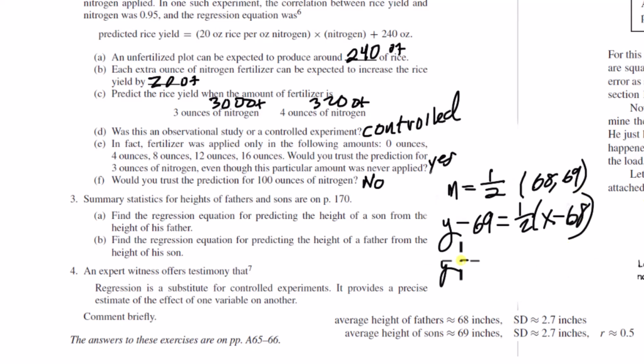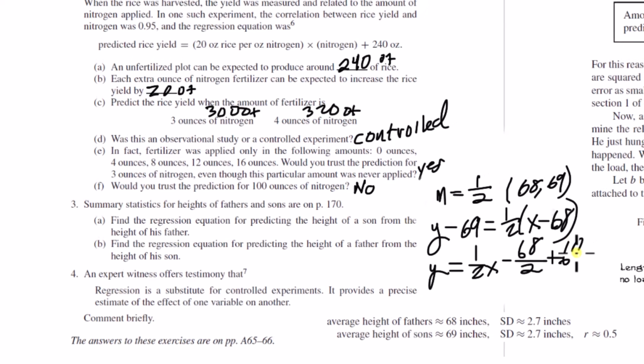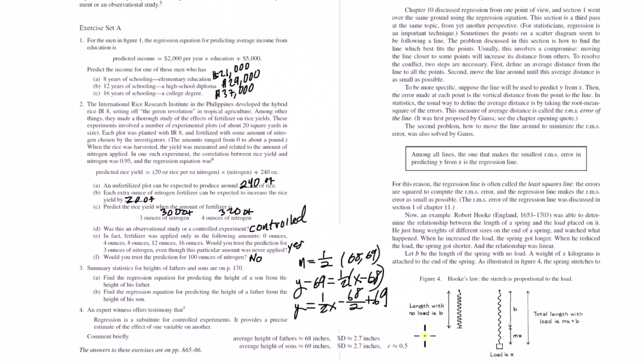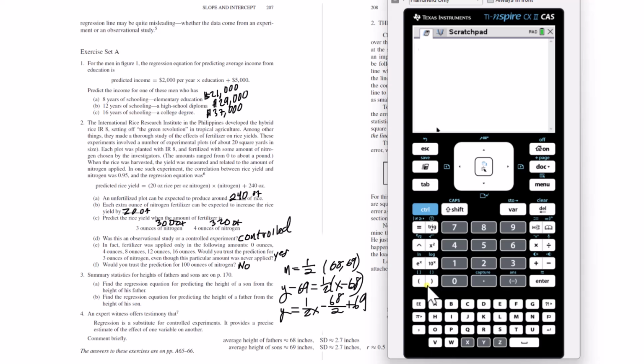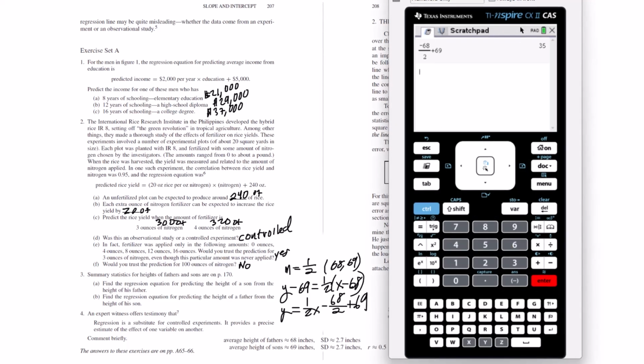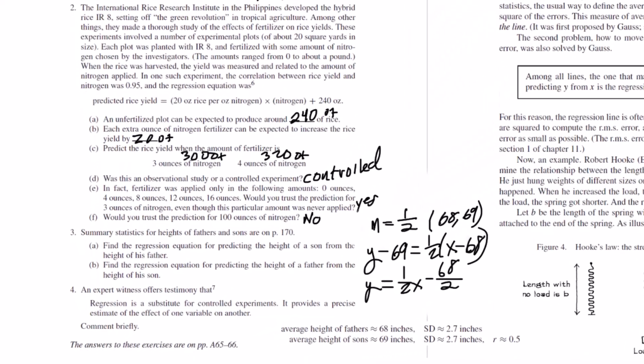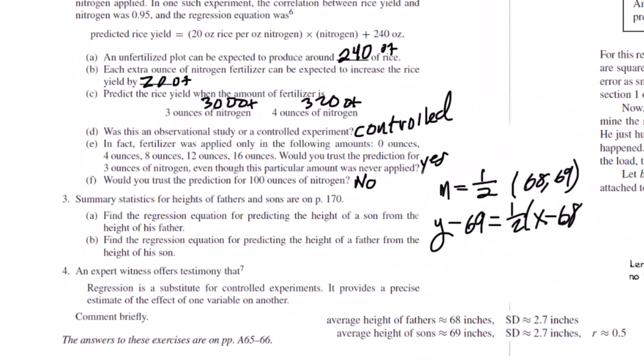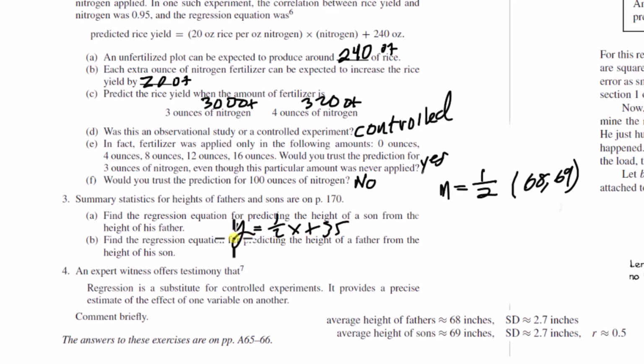So y is equal to 1/2 x minus 68 over 2 plus 69. Minus 68 over 2 plus 69 is 35. So y is equal to 1/2 x plus 35, where x is the height of the father and y is the height of the son.